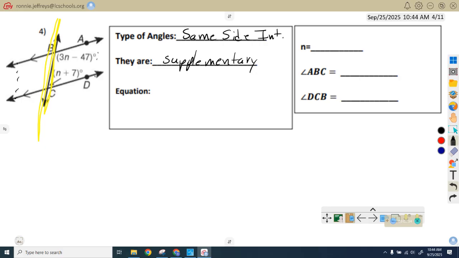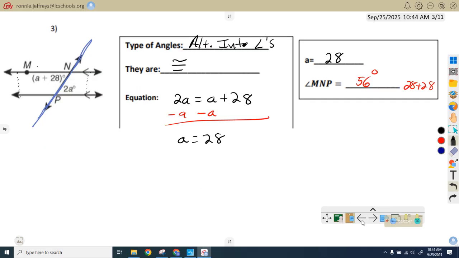M, N, P is this angle right here. So it's not counting that? No. The way it's labeled, there was a question about MNP on the last one. Again, if we read it, MNP, it's the angle that's made with those letters.